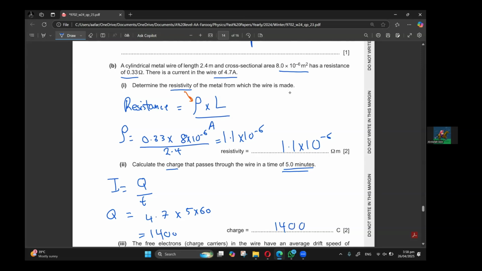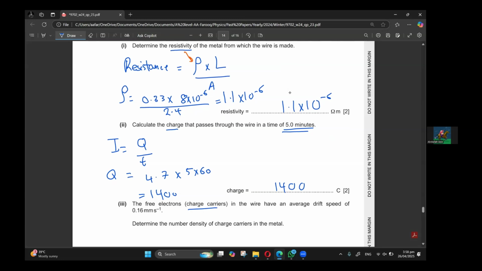The electrons, the charge carriers in the wire, have an average drift velocity of 0.16 millimeter per second.